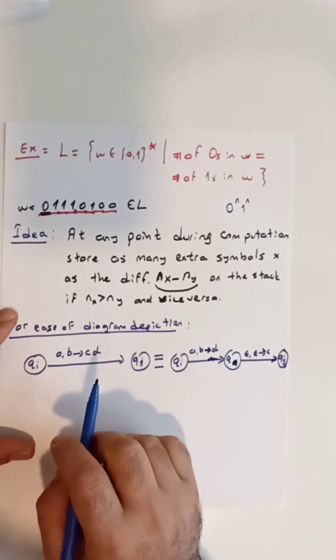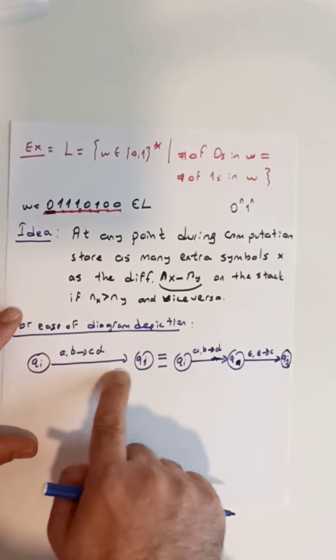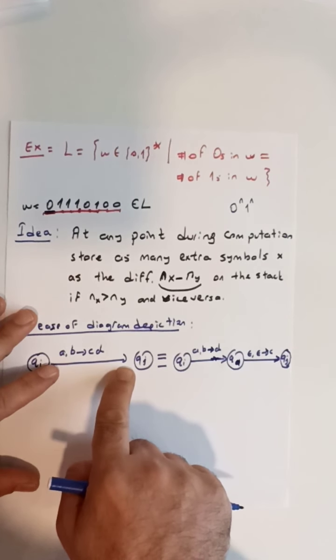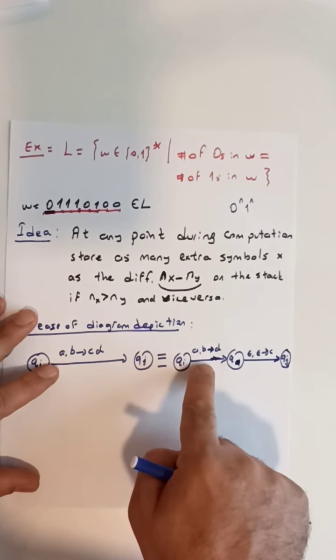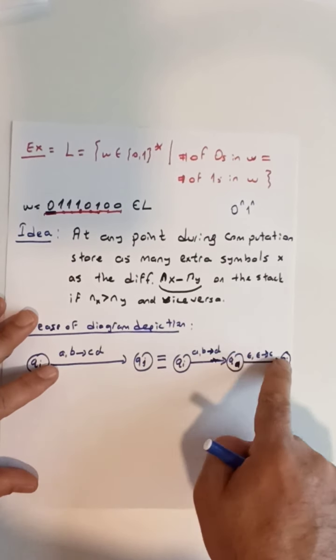So note that this generalization is legal because we have shown that it can be done with two of the traditional transitions.